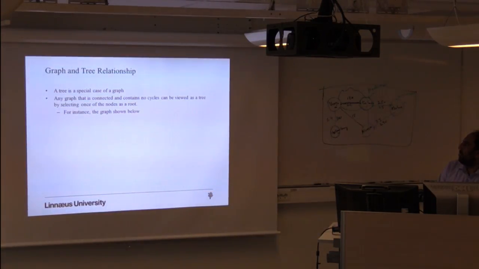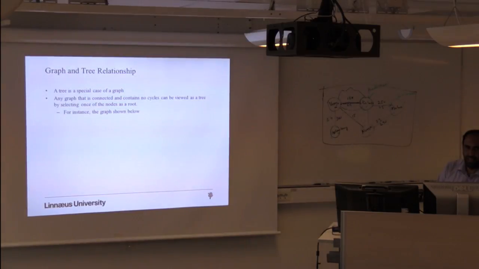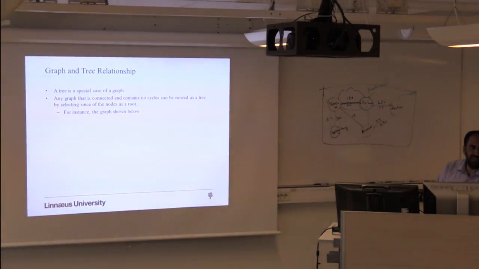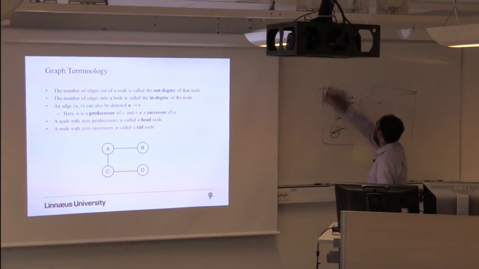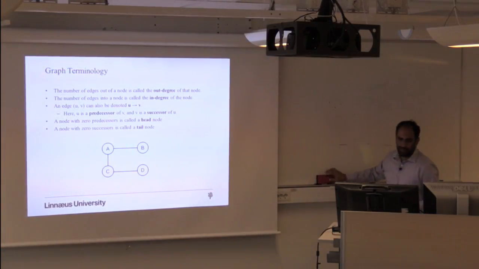We have already learned about trees, but as I told you, a tree is a special case of a graph. Every tree is also a graph, but not every graph is a tree. For example, if you look at this graph, we can represent it as a tree as well. How can we do that?